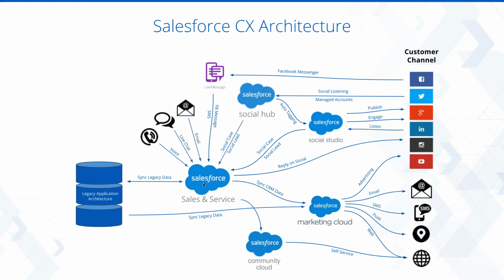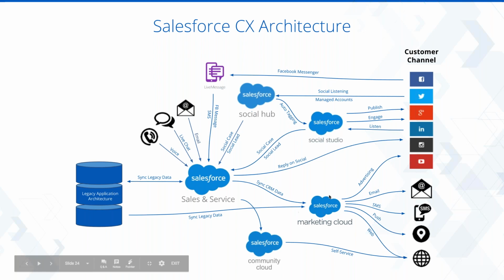So you've got CRM sitting here. CRM is really the center of all of your data. You can see that you've got emails, live chat, voice, that all comes into sales and service as a CRM. Often, a lot of companies have a lot of legacy application architecture, which you can actually sync into Salesforce very easily. So Salesforce becomes a really great, flexible front end to the business.